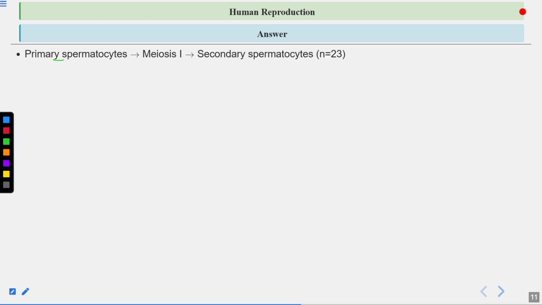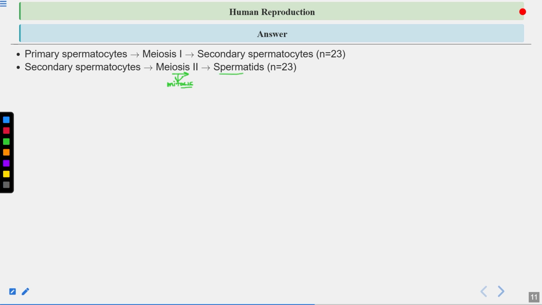Primary spermatocytes undergo meiosis 1 to form secondary spermatocytes, which are haploid. Then secondary spermatocytes undergo meiosis 2, which is like mitosis, meaning it is a kind of equational division.